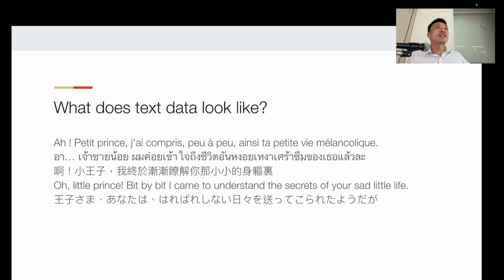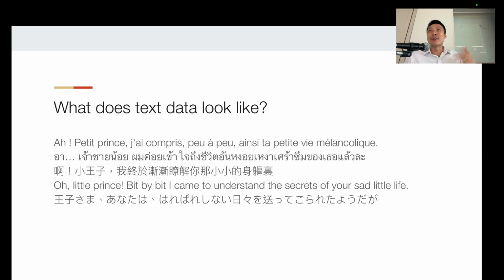What does text data look like? Strings, and strings with different flavors, right? Because we don't have just English. What's the language of the first line? Oh, French. You can recognize French. Awesome. It's such a rare language to learn nowadays.